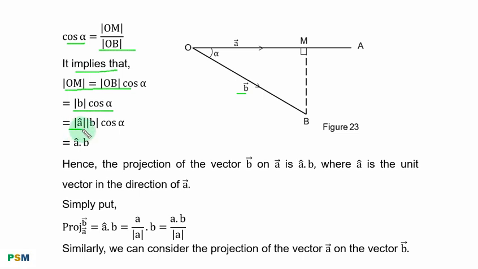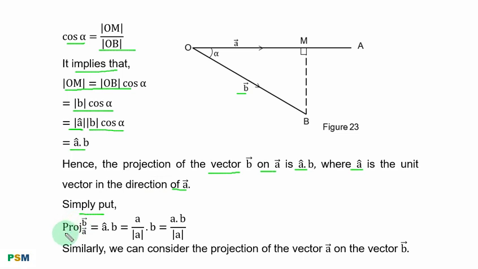You know the magnitude of the unit vector is 1, so you multiply the result by the unit vector A. Hence, the projection of the vector B on vector A is the dot product of the unit vector of A and vector B, where this is the unit vector in the direction of vector A.